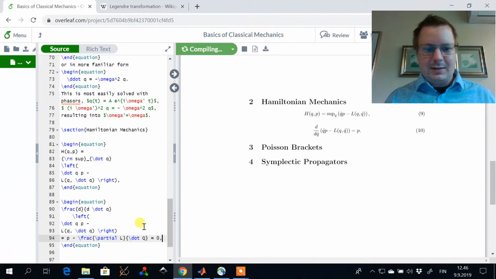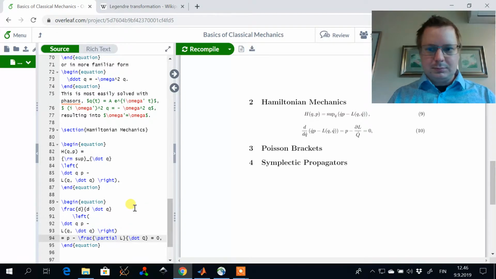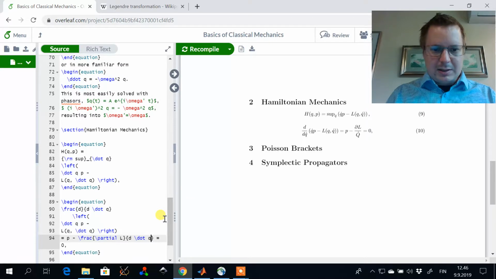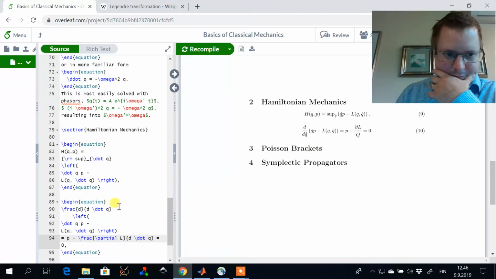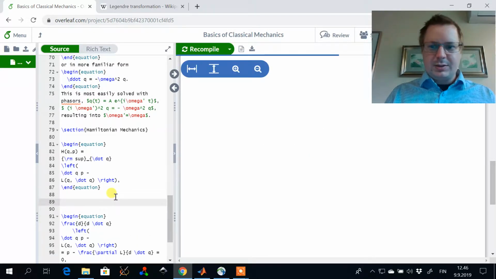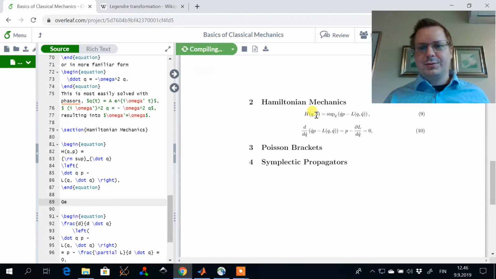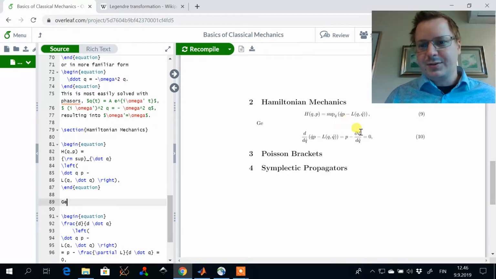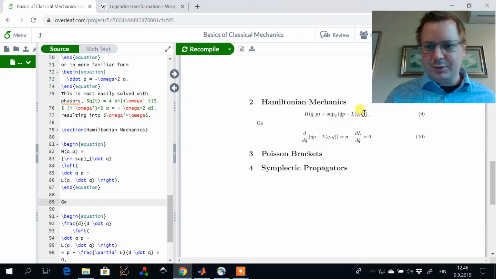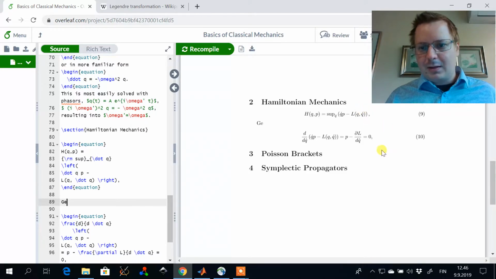And here we then basically have a definition of the generalized momentum. So this p, the new coordinate we introduced by doing the Legendre transformation with respect to the time derivative q dot, we get very simple: it's the partial derivative of the Lagrangian with respect to the time derivative of the coordinate.